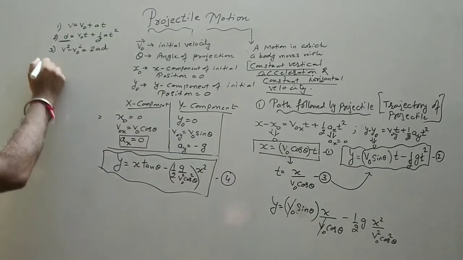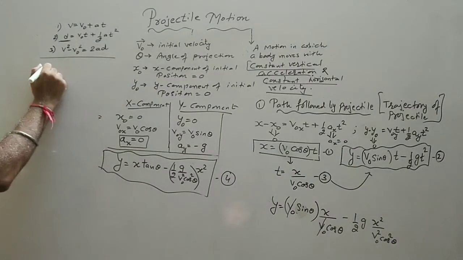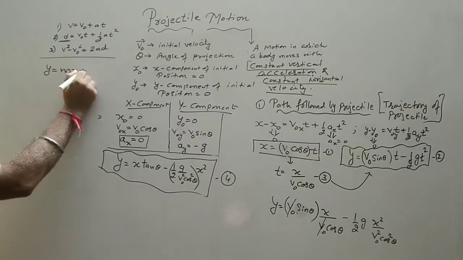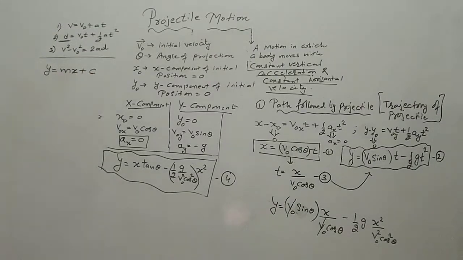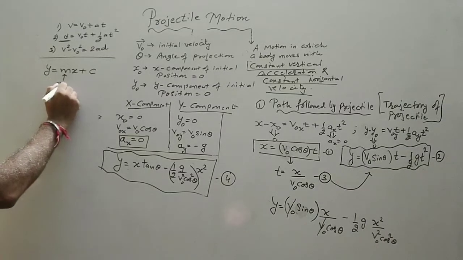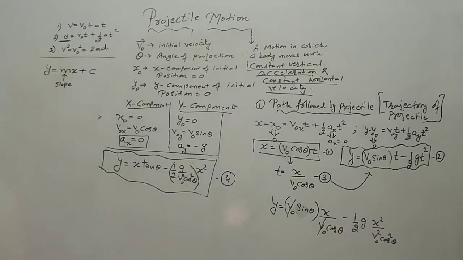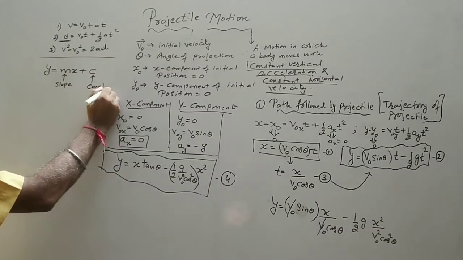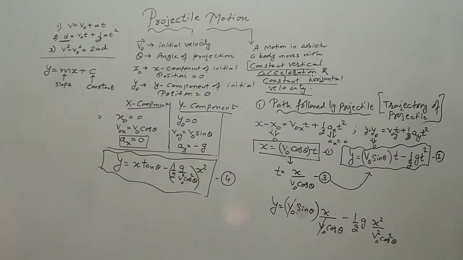For example, if any body is moving in a straight line, then the form of that equation is y is equal to mx plus c, where m in mathematics is referred to as the slope, which we used to find using tan theta, and c is a constant. This constant may have any value or it can be 0.